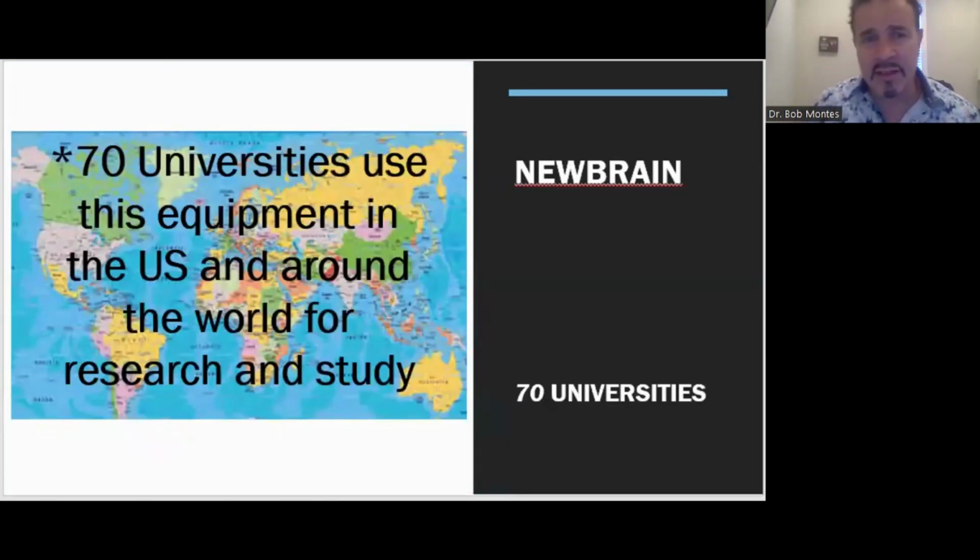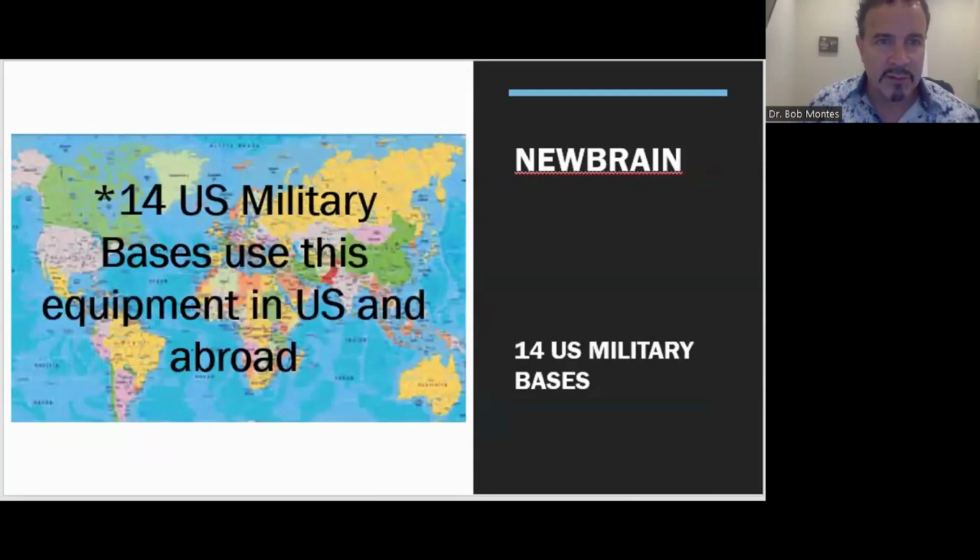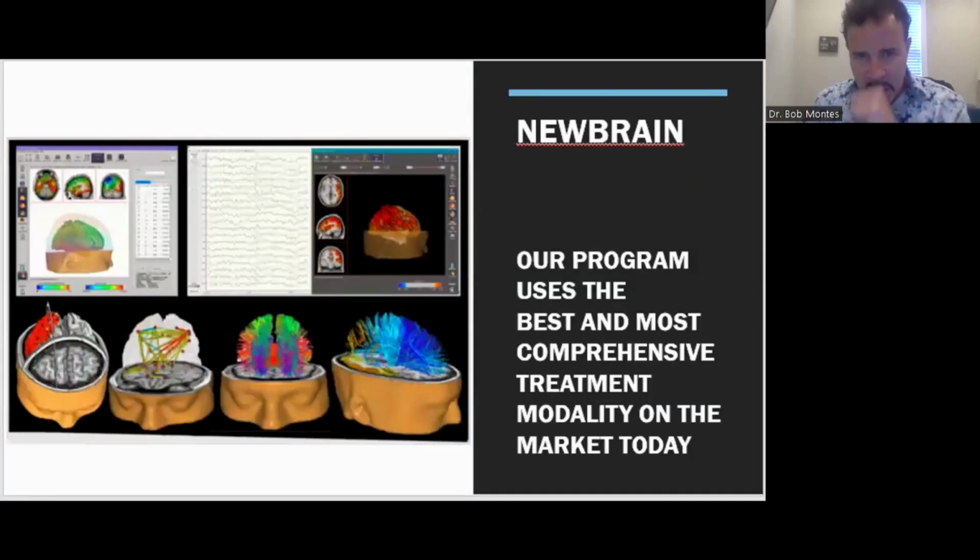Now, this equipment is used in 70 universities, 3 Ivy League universities and multiple medical universities as well. The NewBrain equipment, I should say, is also found in 71 hospitals and medical centers throughout the world. And this equipment is also found on 14 United States military bases, which use this equipment primarily for some of the most devastating disorders like PTSD and major depressive disorder.